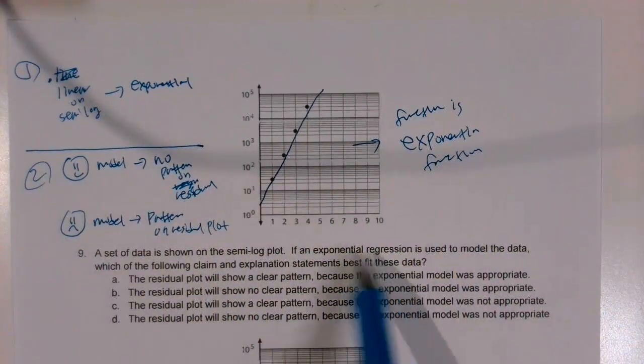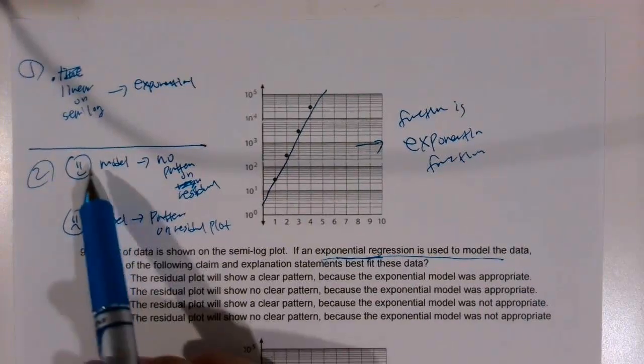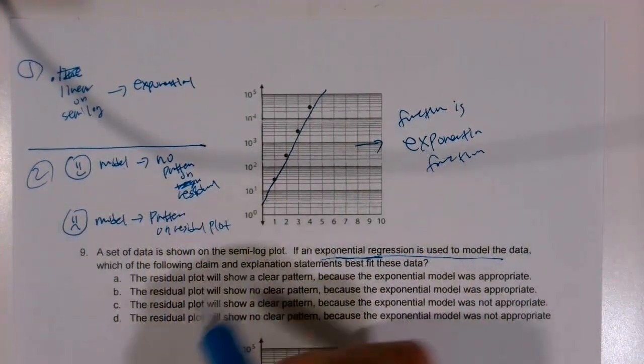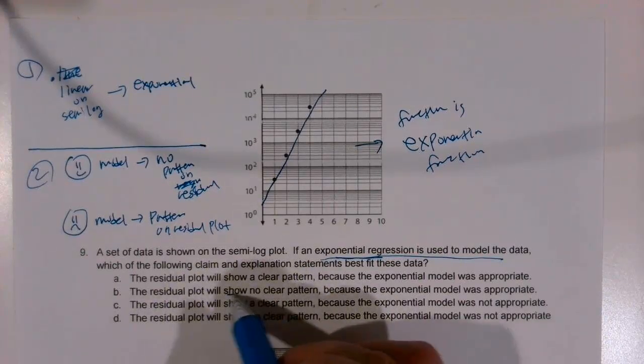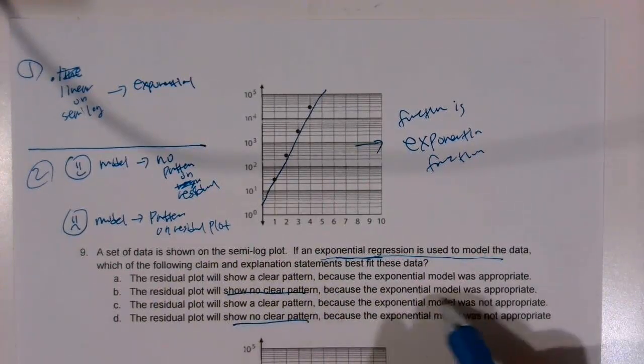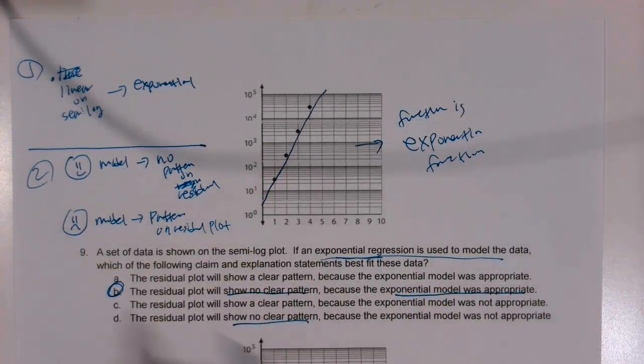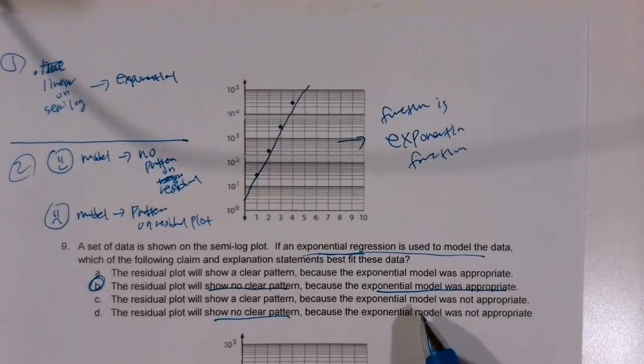It's going to be a good model, so there's going to be no pattern on the residual plot. So I'm going to say the residual plot will have no clear pattern because the exponential function model was appropriate. Letter D says because exponential is not appropriate. It is appropriate; it's showing me it's exponential. So when you run the regression, it's a good model. No pattern.